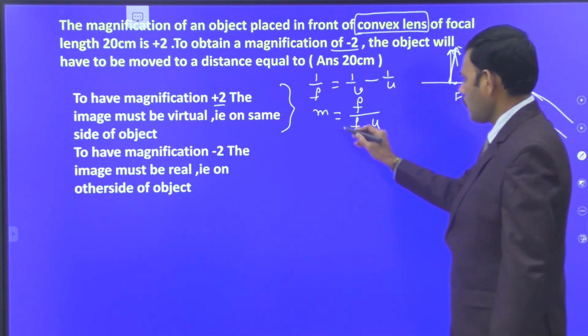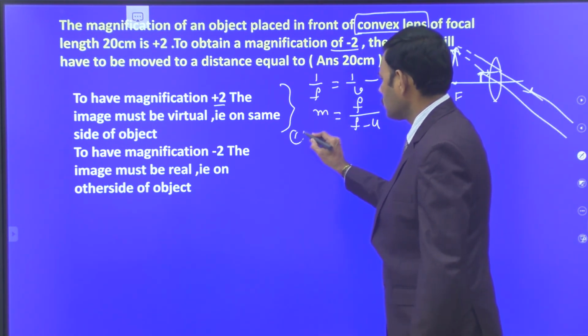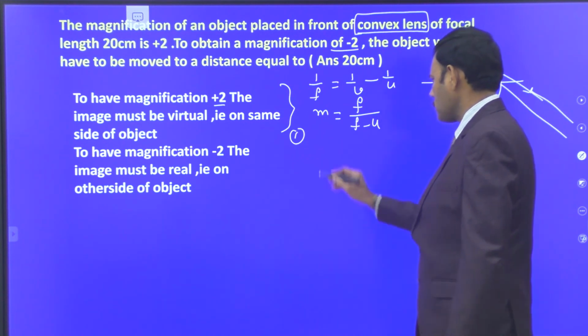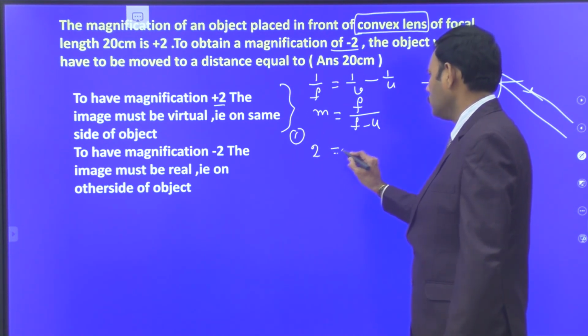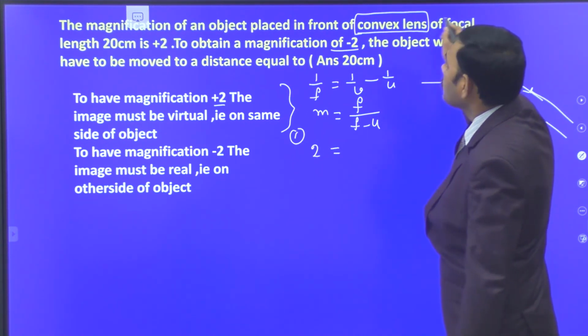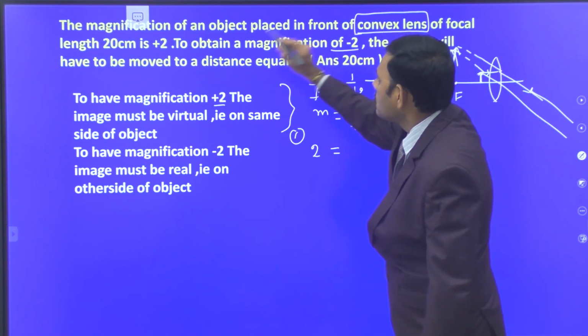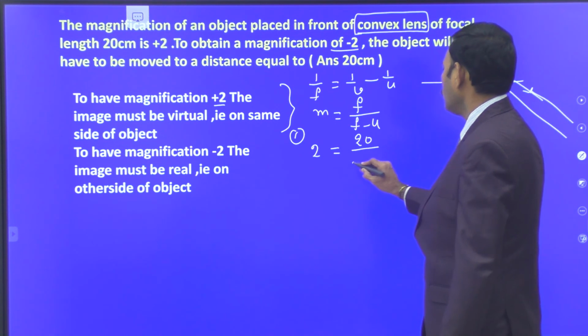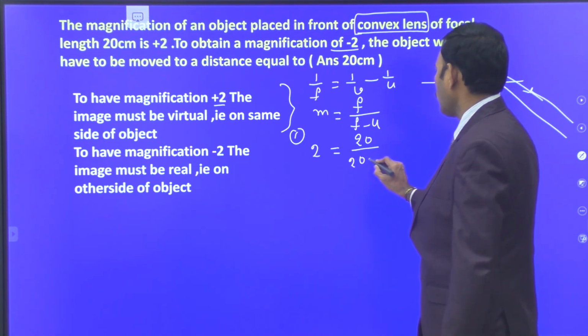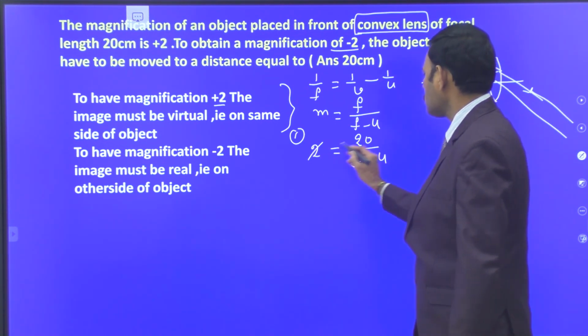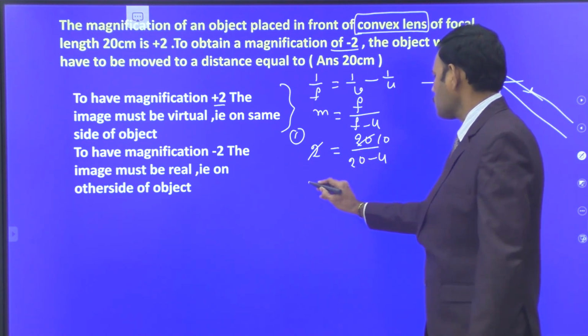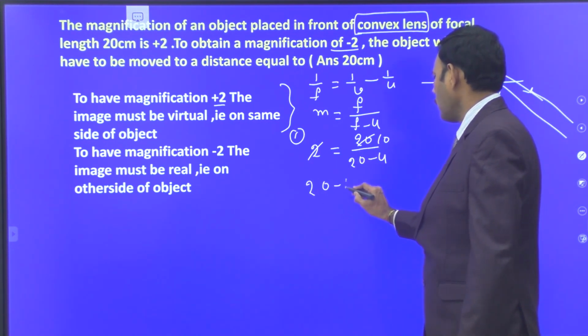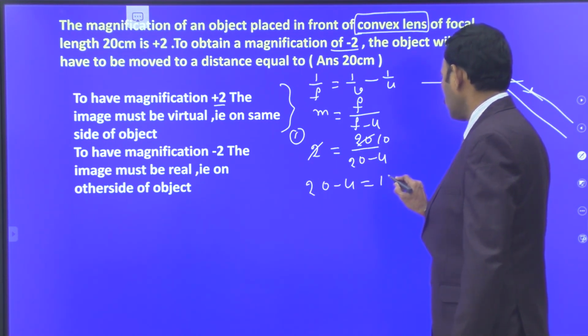In the first case, consider the case in which magnification is +2. So m is equal to +2. f, the focal length of a convex lens, is always positive. So including the values, 2 is equal to 20 by 20 minus u. On cross multiplying, 20 minus u is equal to 10.